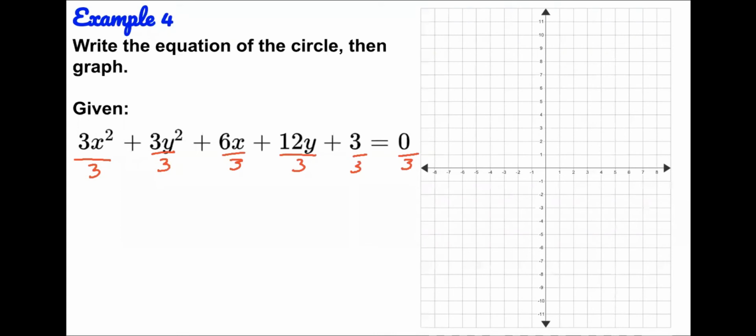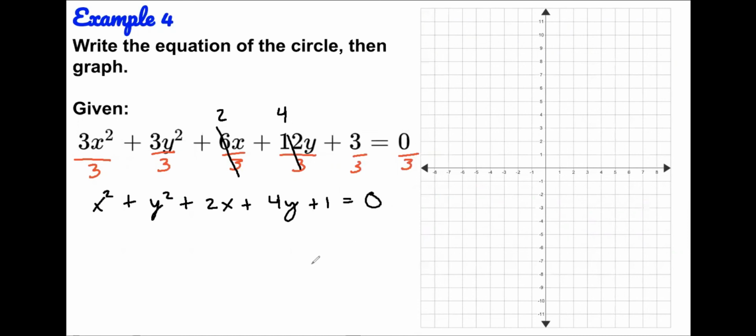So therefore, I can go ahead and rewrite my equation as x to the power of 2 plus y to the power of 2 plus this time, this simplifies to 2, so 2x plus 12 divided by 3 is 4, so 4y. And 3 divided by 3 is 1 equals 0 divided by 3, 0.